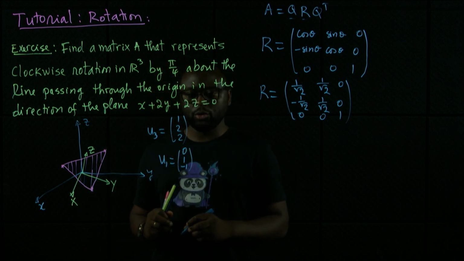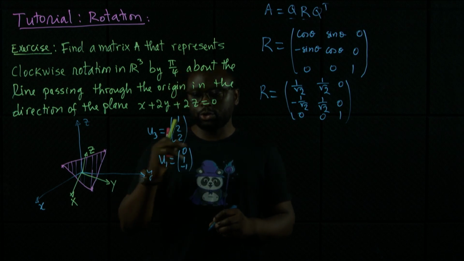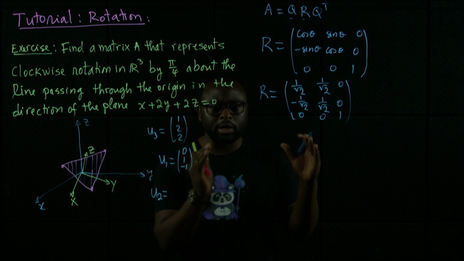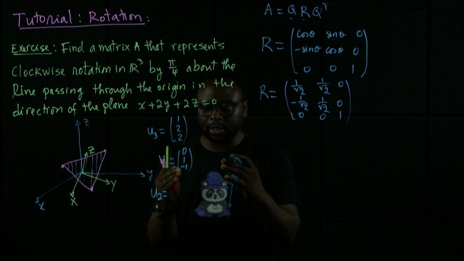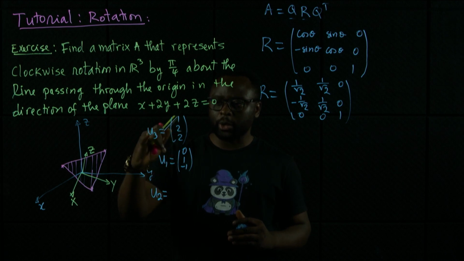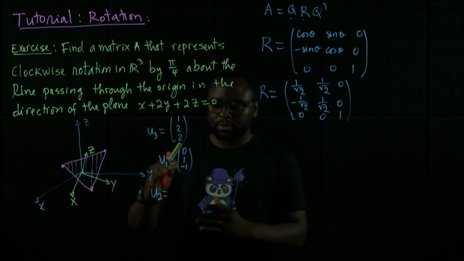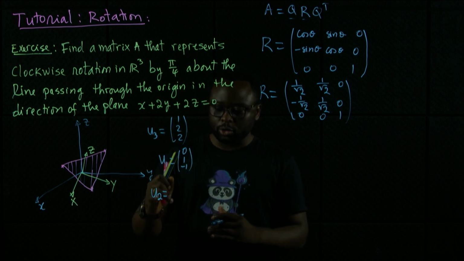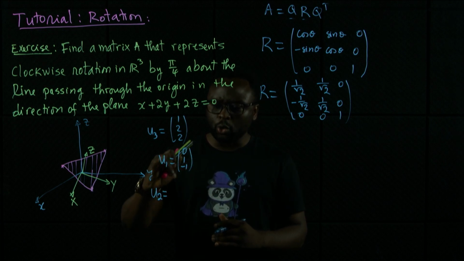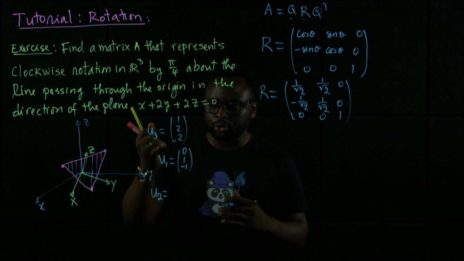And for u2, it's just a cross product. Given that u1, u2, and u3 have to be orthogonal to each other, and I know that u1 and u3 are already orthogonal, then I want to define u2 in such a way that u2 is orthogonal to u1 and orthogonal to u3.